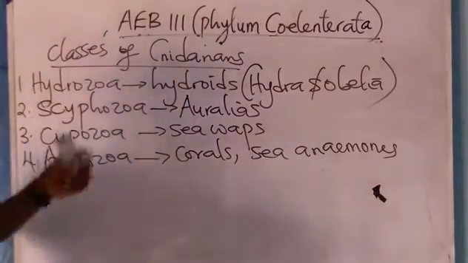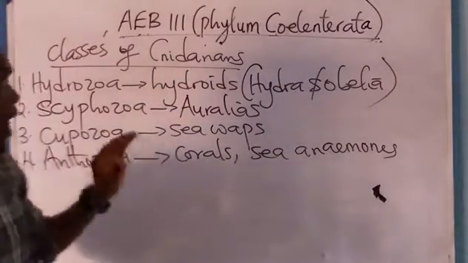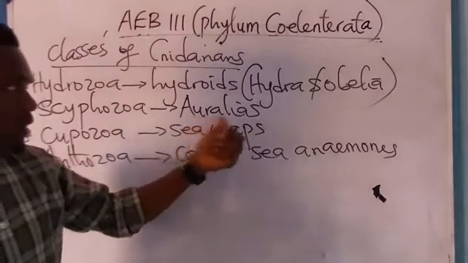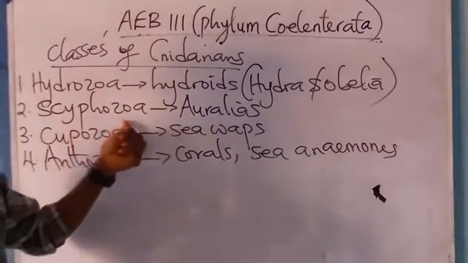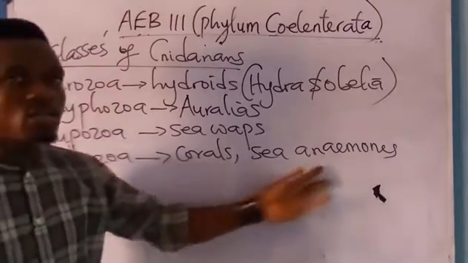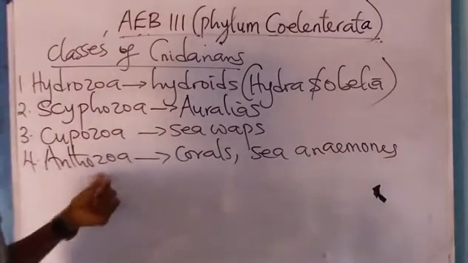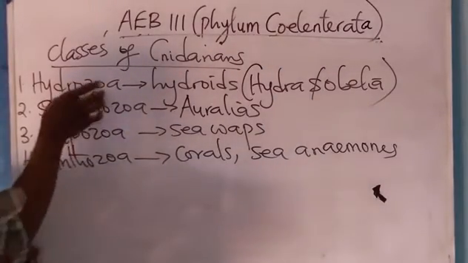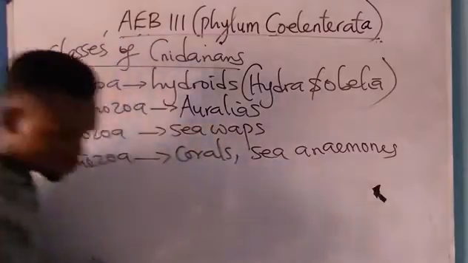Please take note: hydra and obelia are hydroids, Aurelias are scyphozoans, sea wasps are cubozoans, corals and sea anemones are anthozoans. Take note of that. But in this case, we are going to be taking the general features of the hydrozoans.